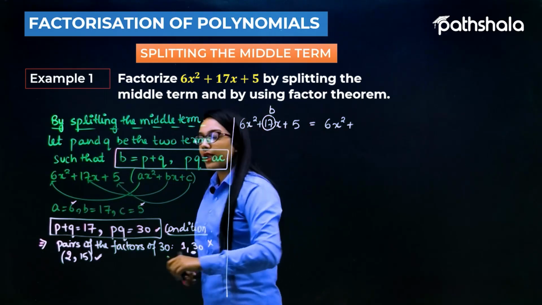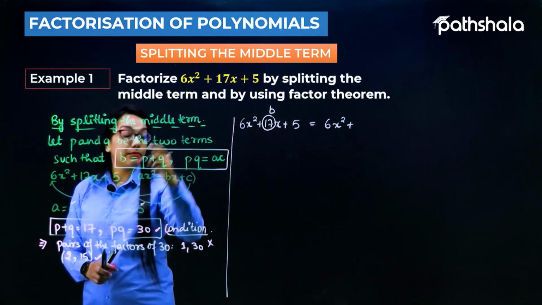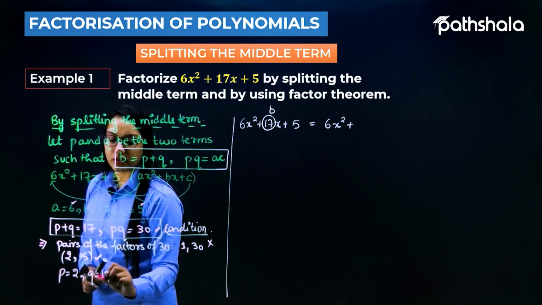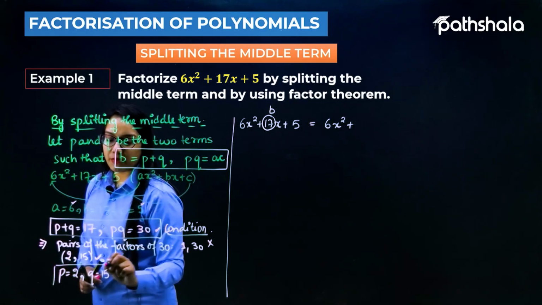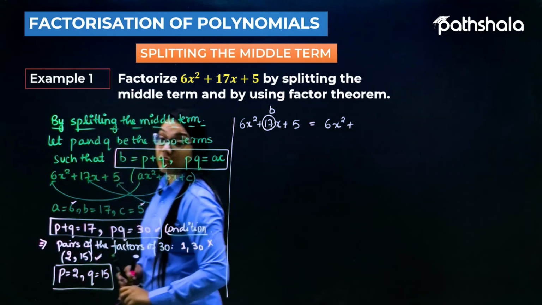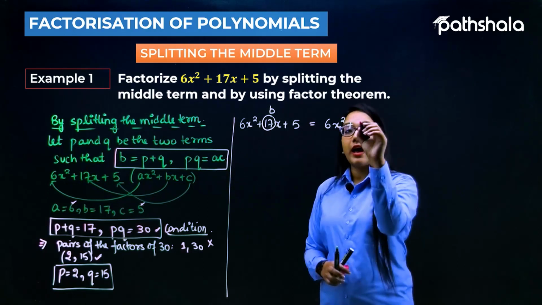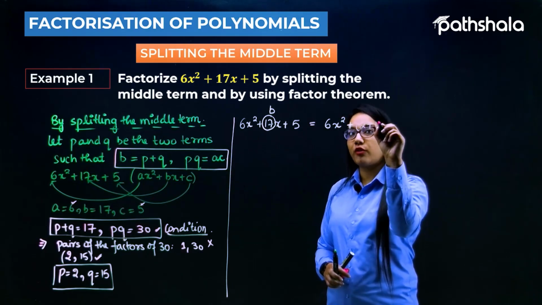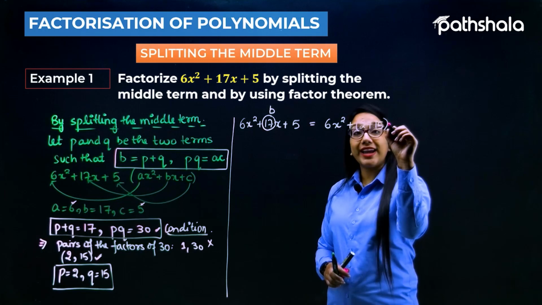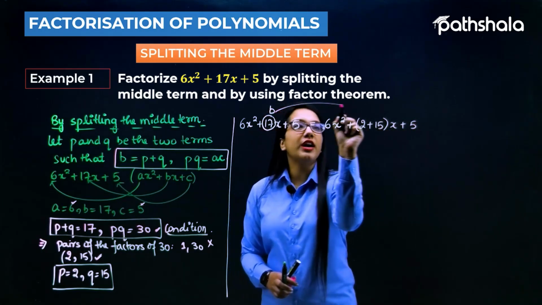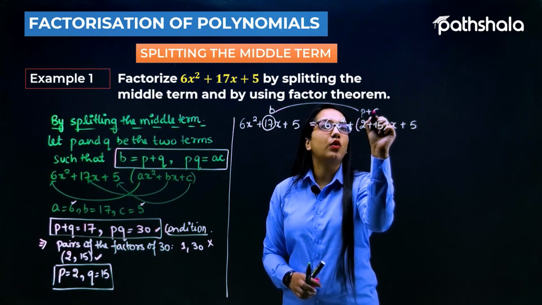Let us take the term P as 2 and the term Q as 15 over here. So in place of B, we can write P plus Q, which is nothing but 2 plus 15, times x plus 5.